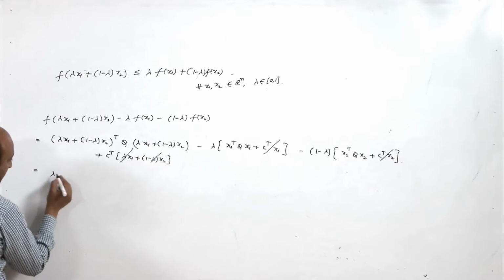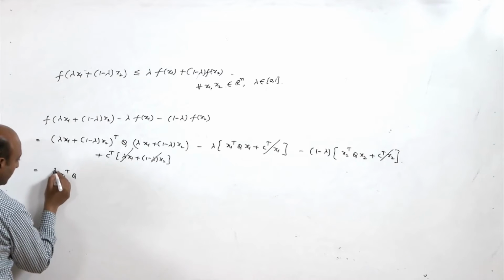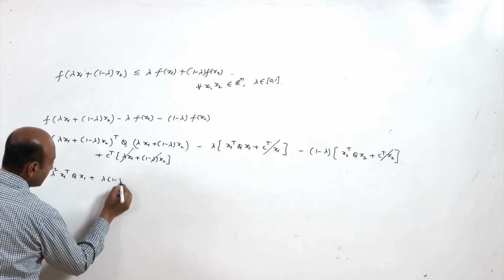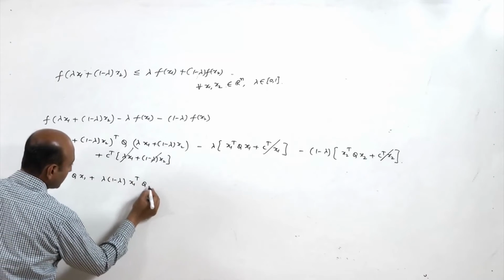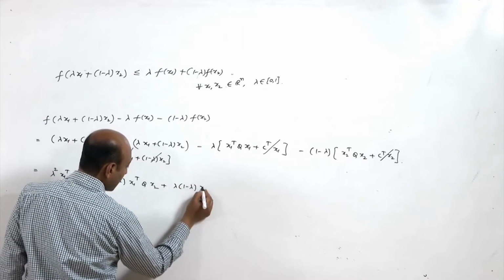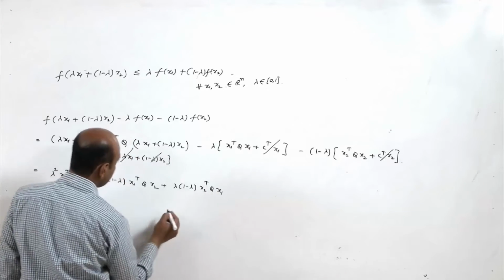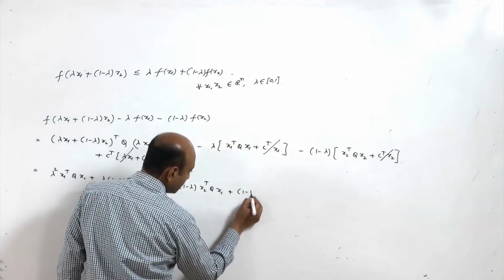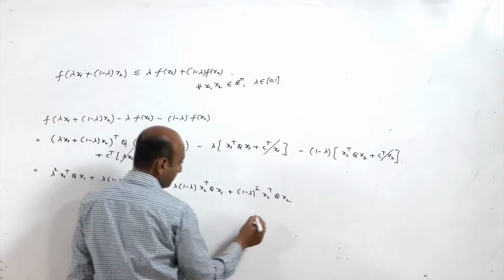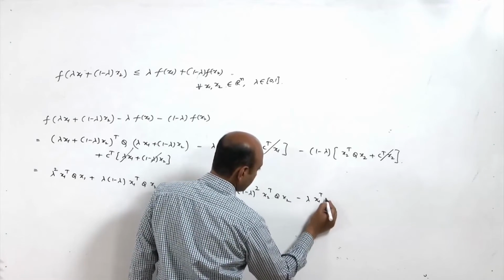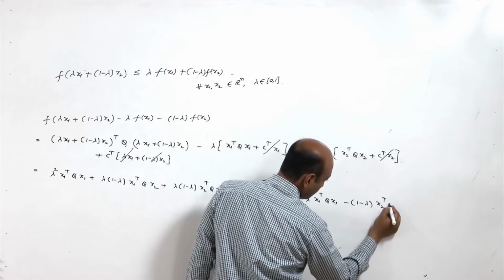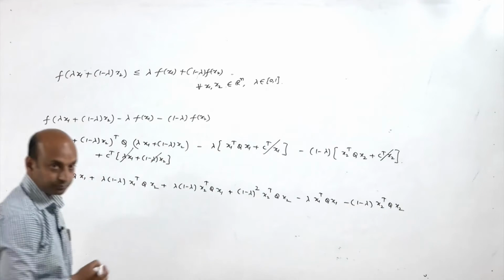It is lambda x1 transpose, lambda squared, this term, plus lambda into 1 minus lambda x1 transpose Q x2, plus again lambda into 1 minus lambda x2 transpose Q x1, plus 1 minus lambda whole squared x2 transpose Q x2, and minus lambda x1 transpose Q x1, minus 1 minus lambda x2 transpose Q x2.